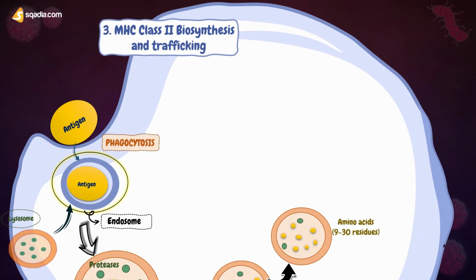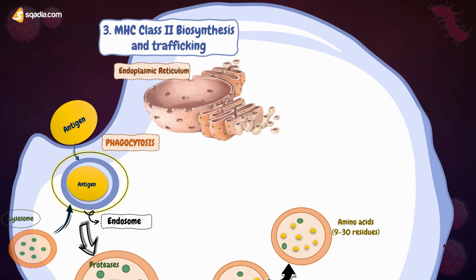So here the next step is MHC Class II biosynthesis and trafficking. This step continues side by side with antigen processing, where MHC Class II molecules, consisting of alpha and beta chains, are synthesized in the endoplasmic reticulum (ER). During this biosynthesis, a specialized chaperone protein is co-synthesized with MHC Class II molecules.